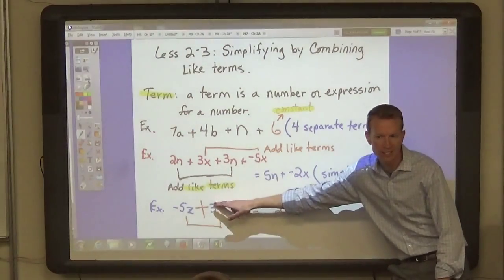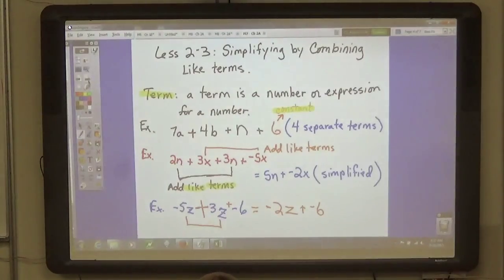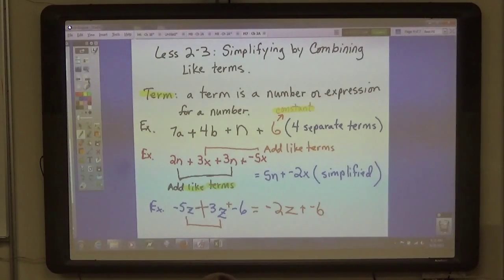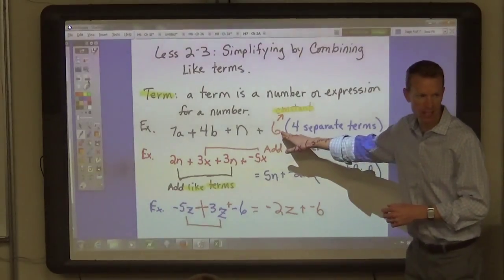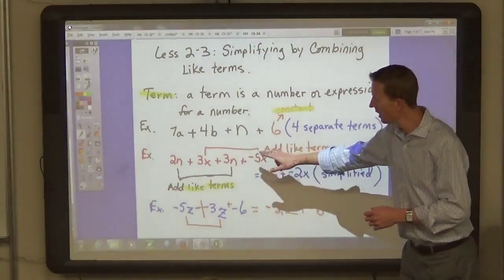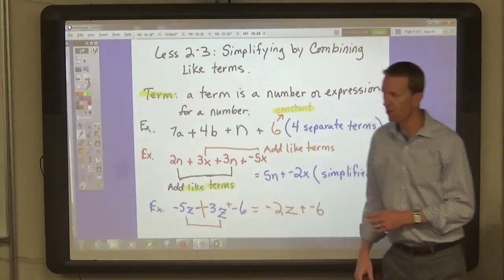The rule is that you can only add like terms. If they're not alike, they don't have the same variable, you can only add constants together. So in other words, you can only add numbers together. And you can only add terms that have the same variable or variable form.